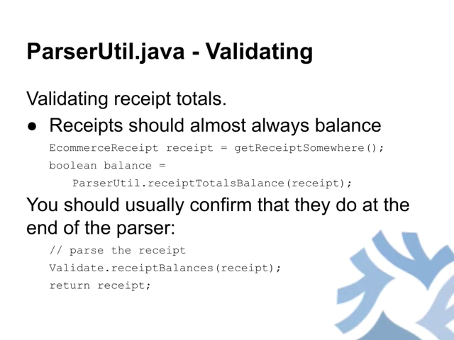You can use this sometimes for complicated receipts to figure out ways to balance dollar values. But typically, at the end of the parser, what you'll call instead is, on the validate class, receipt balances, and pass in the receipt object.